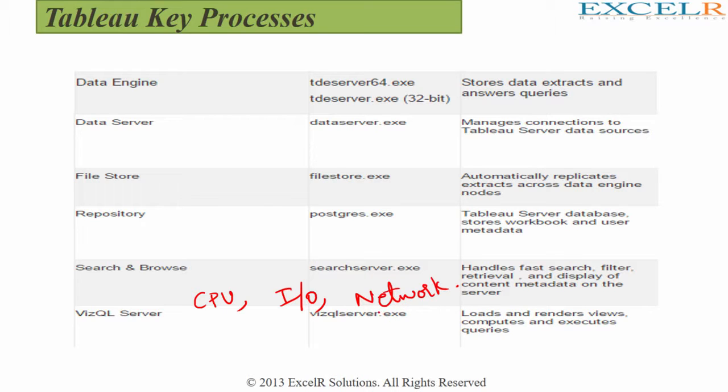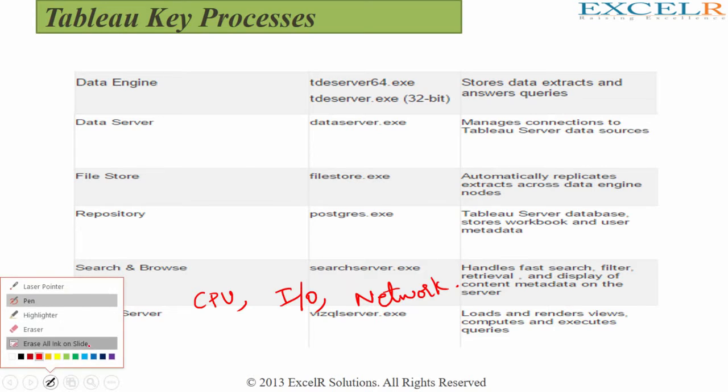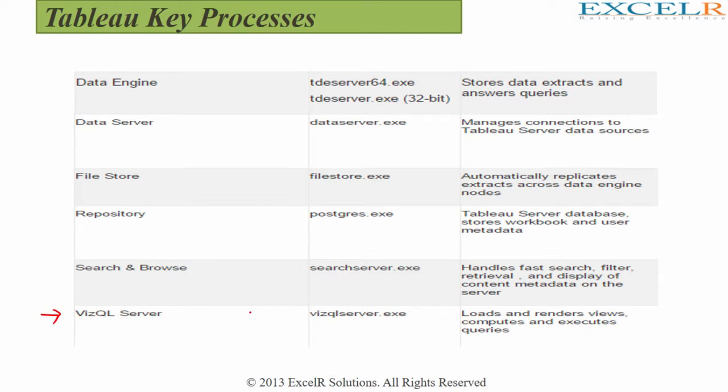And you can quickly run out of process memory. So you should be very delicate in handling SQL Server, and there has to be a thorough rationale behind changing the default settings or the default number of processes to be run using SQL Server. It loads and renders the views. It computes and executes the queries that you load.